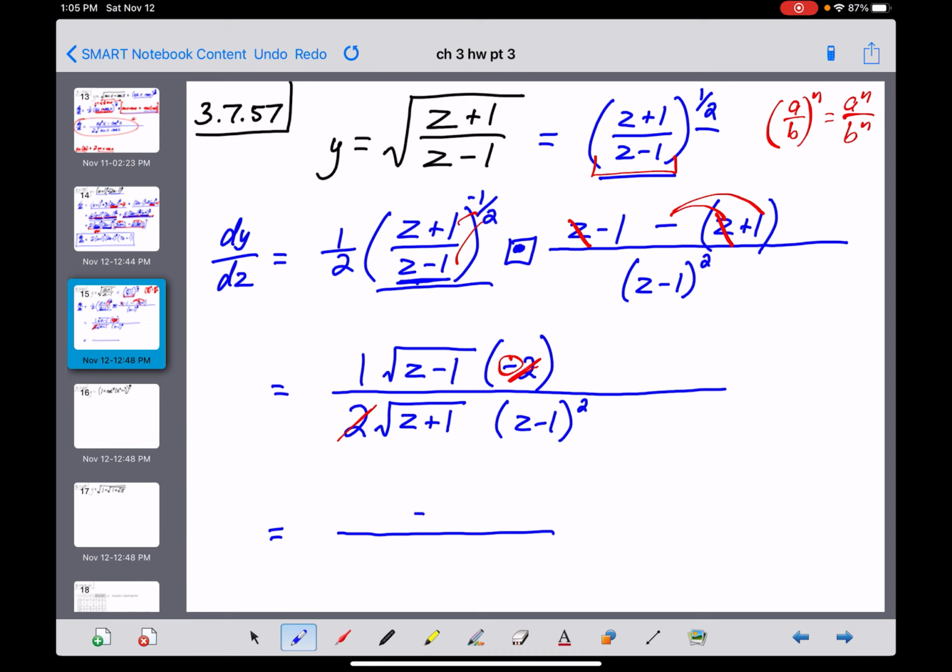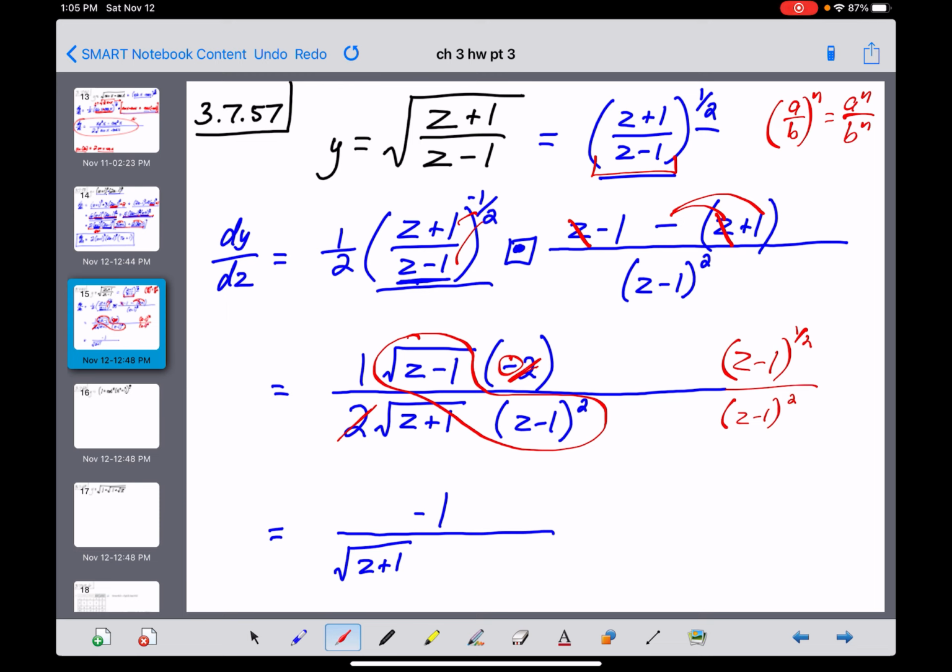I'm going to make that a negative 1 up there in the numerator. You'll see why in a second. Now, in the denominator, we've got the square root of z plus 1. That didn't change at all, but I want to talk about what's happening right here, guys. What we had right there is a z minus 1 with a square root. So that's a 1/2 power on the top, and then a z minus 1 quantity squared on the bottom.